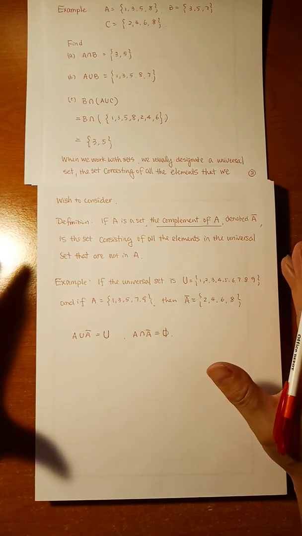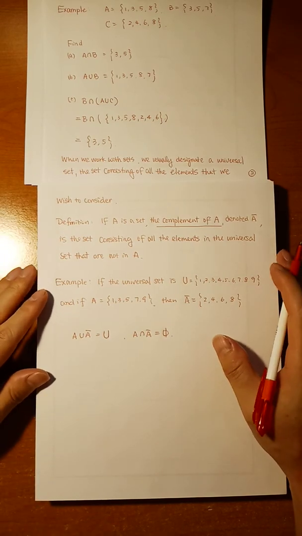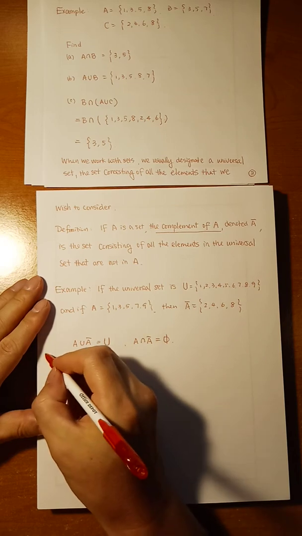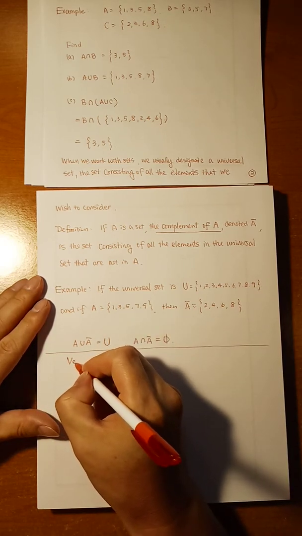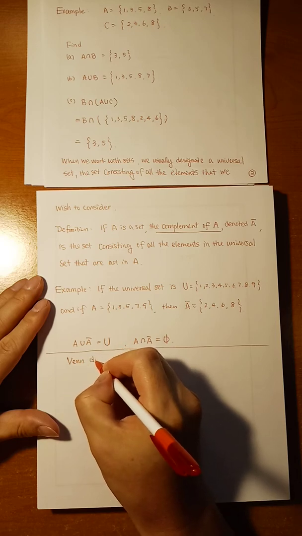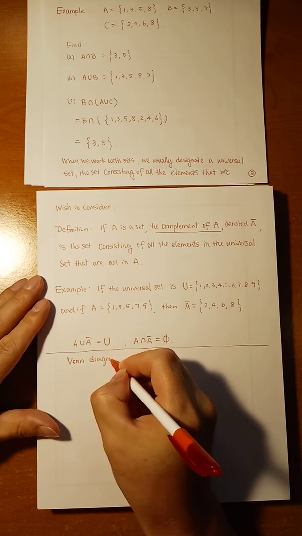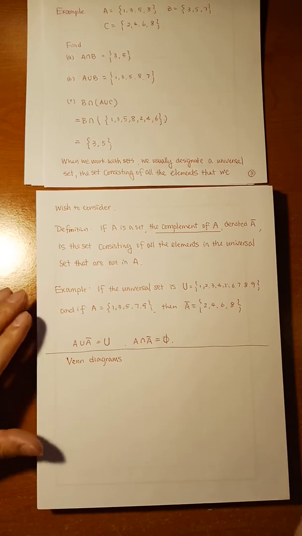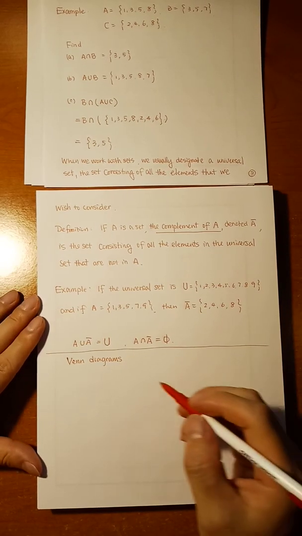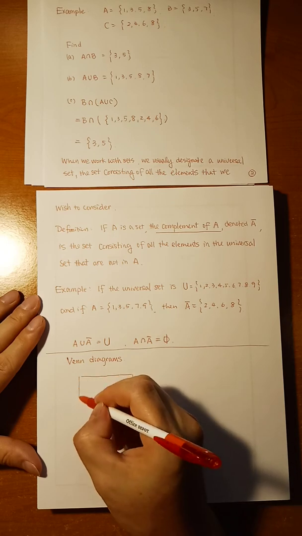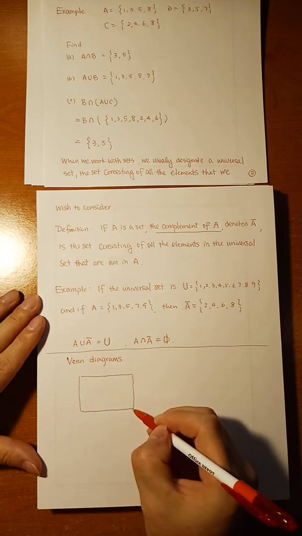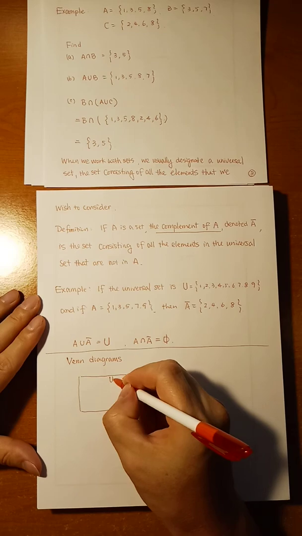Sometimes language may not be very clear, so people invented the so-called Venn diagram. So what is a Venn diagram? A Venn diagram means we use a rectangle to demonstrate the universal set.